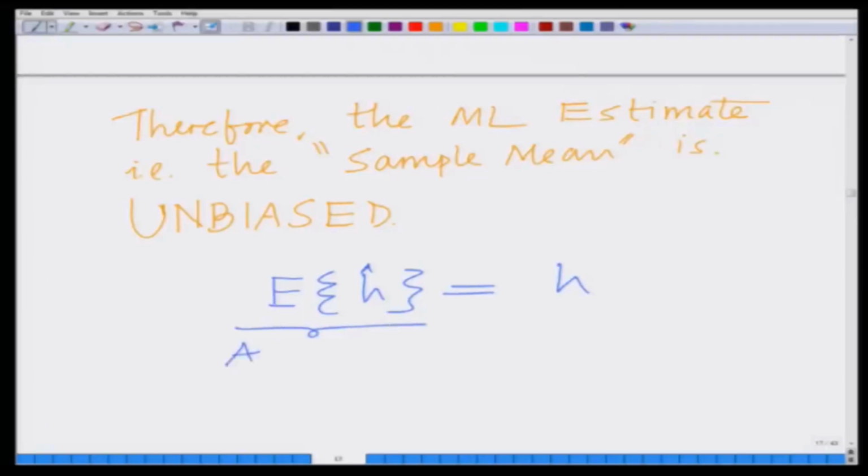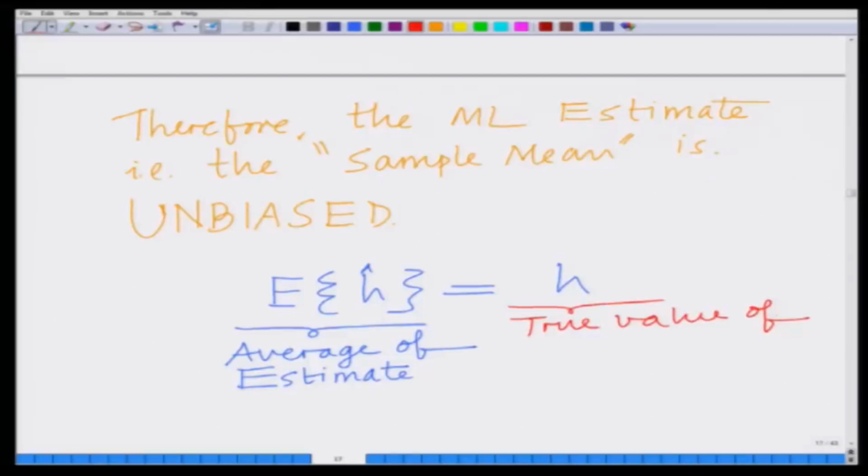What is this? This is the average value of the estimate, and this is the true value of the underlying parameter. What we are saying is that on an average, the average value of the estimate is equal to the true value of the underlying parameter.